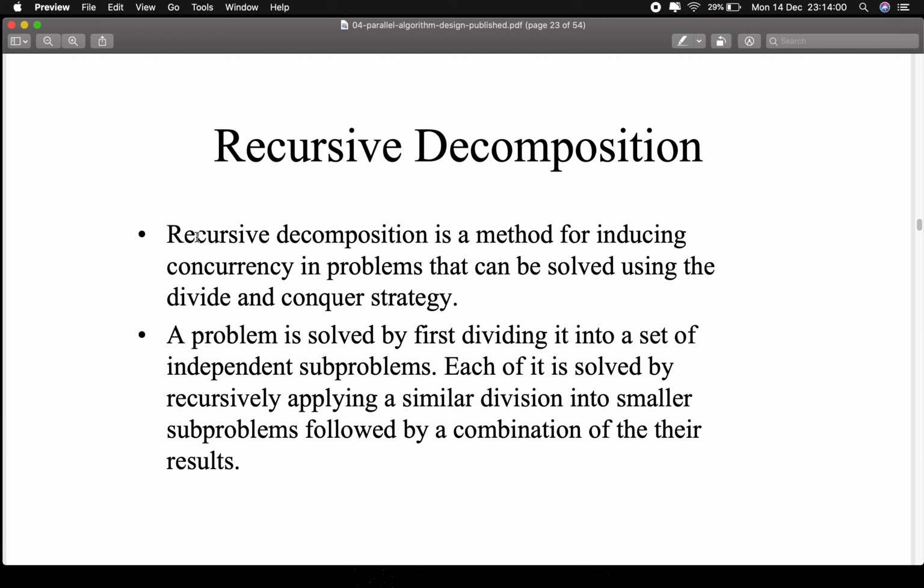Okay, recursive decomposition is a method for inducing concurrency in problems that can be solved using a divide-and-conquer strategy.